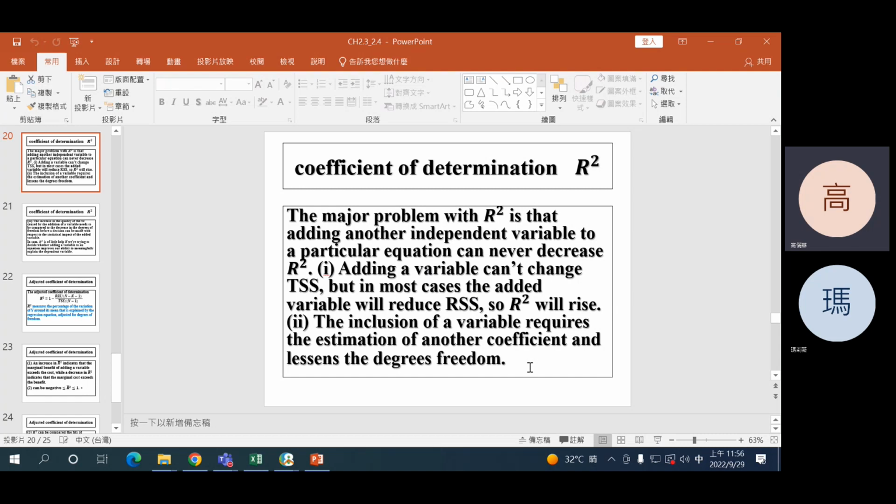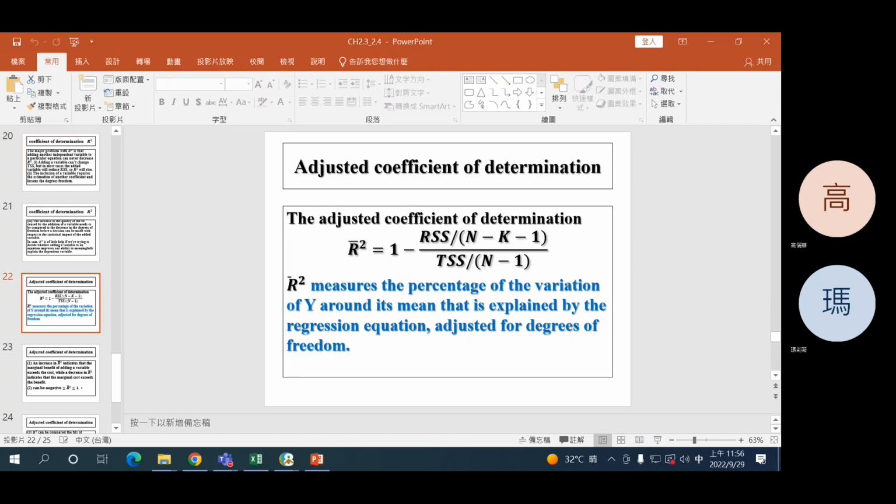Therefore, we consider another criterion, which is called adjusted R square. It means that we adjust something from the original R square. This is what we have here. How do you compare the difference between R square and adjusted R square?